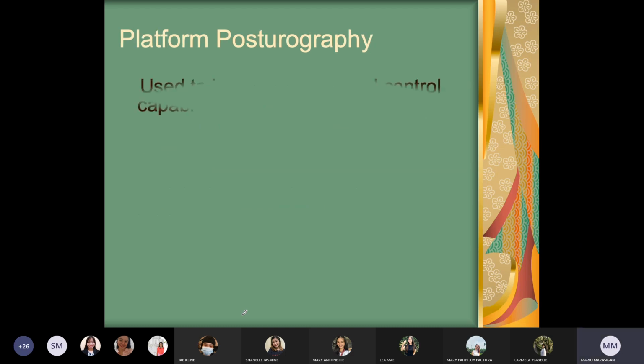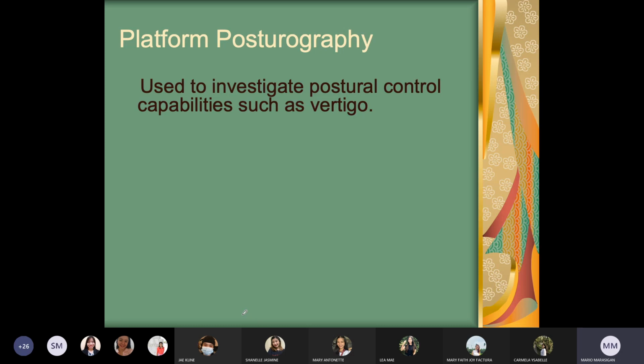For the platform posturography, it is recommended for patients with dizziness and balance problems. Okay, so it can be used to determine if the patient's vertigo is worsening or to evaluate the patient's response to treatment.